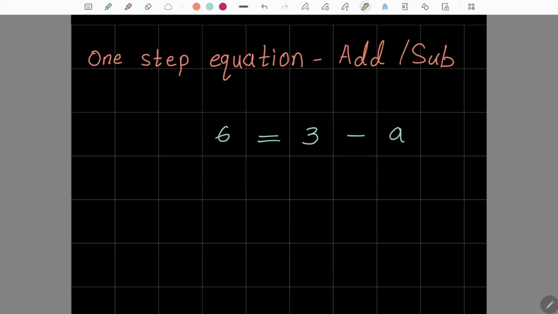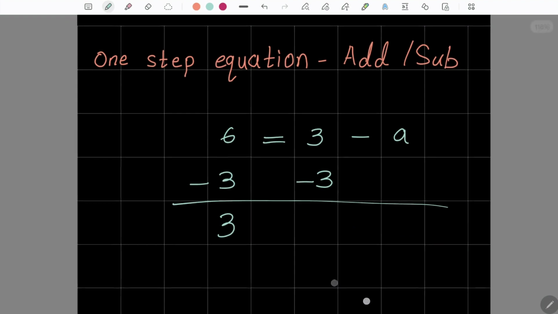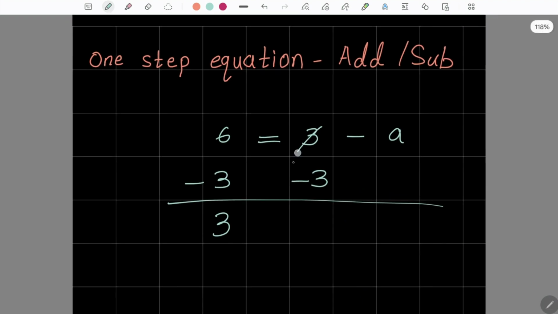To cancel this 3 out, since this is a positive 3, you have to do the exact opposite to both sides. So negative 3, negative 3. Subtract from both. 6 minus 3 is 3. 3 minus 3 is 0, which would cancel each other out.